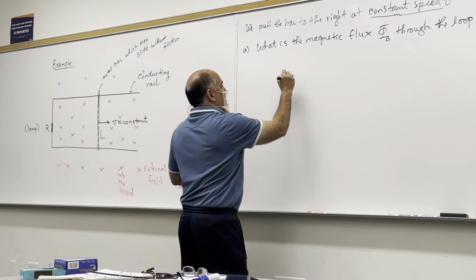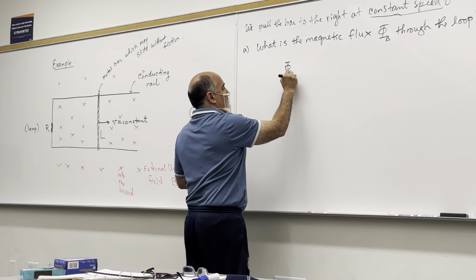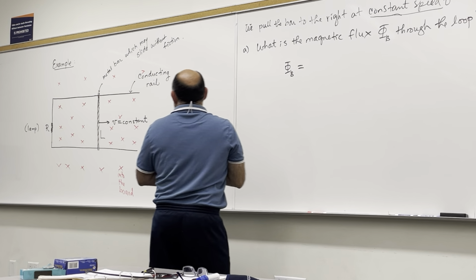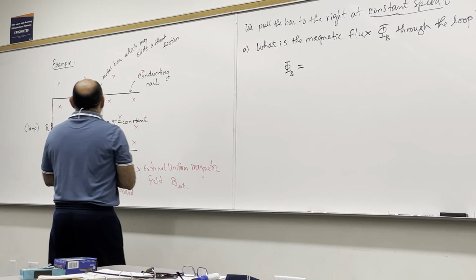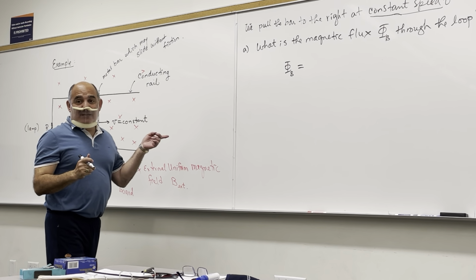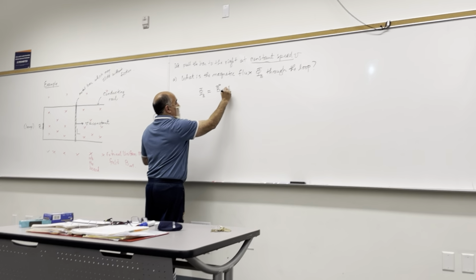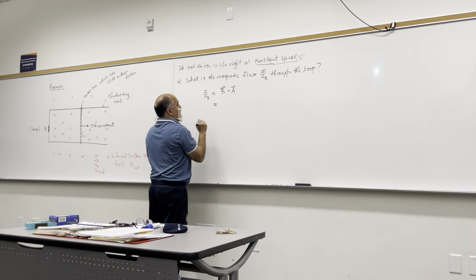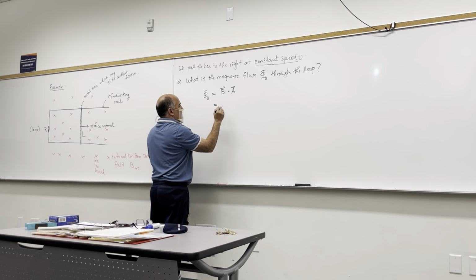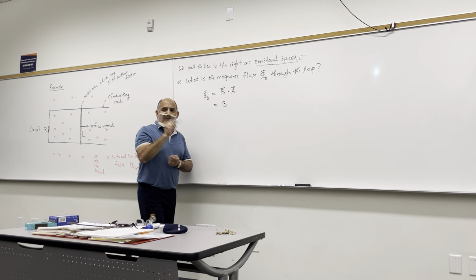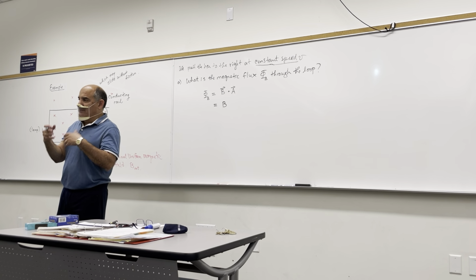So what is the magnetic flux? Well, the magnetic field is into the page, so I'm going to write it like this. This will be the magnitude of the magnetic field. If I don't write the arrow above the letter, it means the magnitude of the vector.